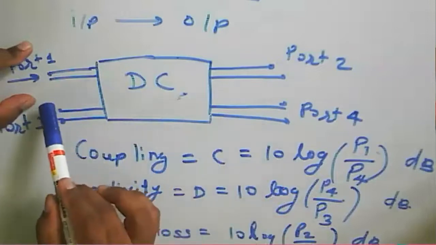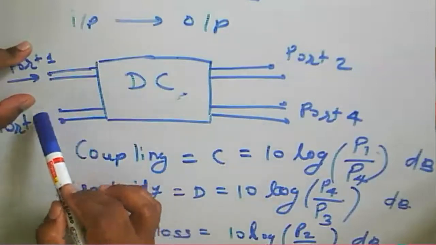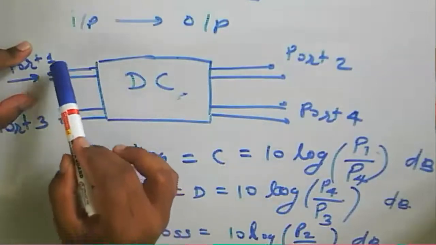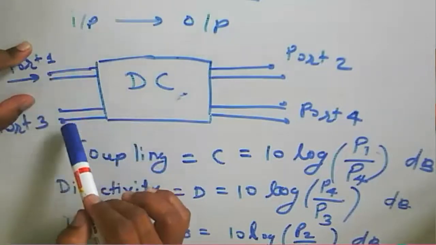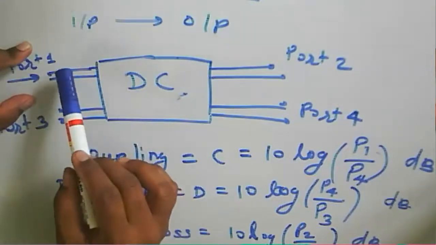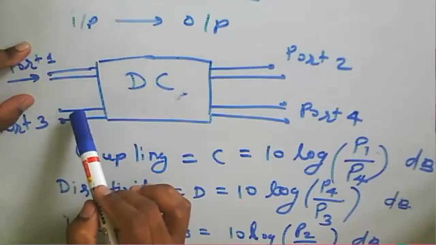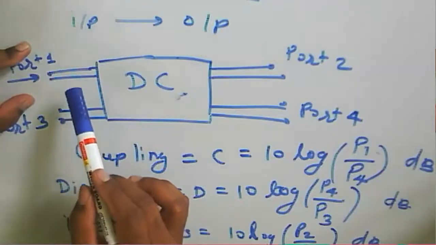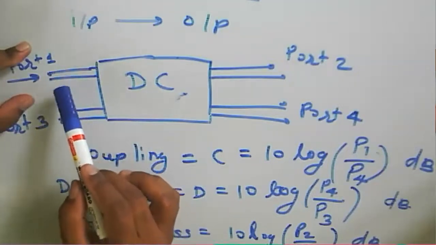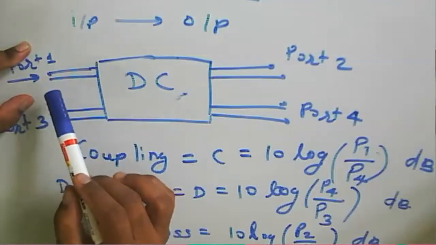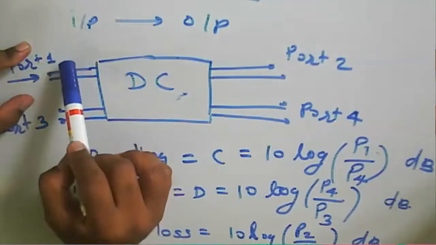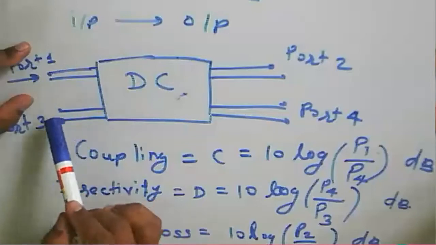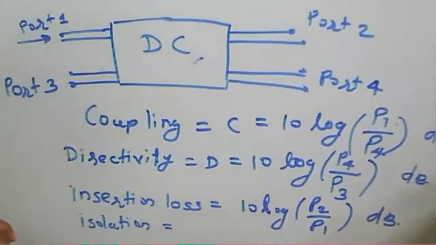There is no coupling to port 3, so port 1 and port 3 are isolated. What is the isolation between port 1 and port 3? If power is incident at port 1, the power available at port 3 is the isolation.